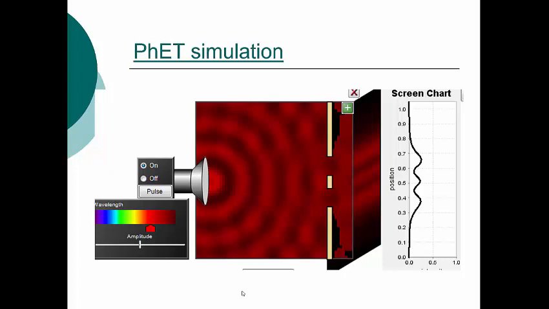So my PhET simulation no longer actually works because it hasn't been updated from Flash. But here we can see that we have a light source. It happens to be red. Here's my double slit, and here's the pattern that's forming here. If we wanted to label this, right here is the center maximum, so that's where n equals 0, and then this is n equals 1, and n equals 1.